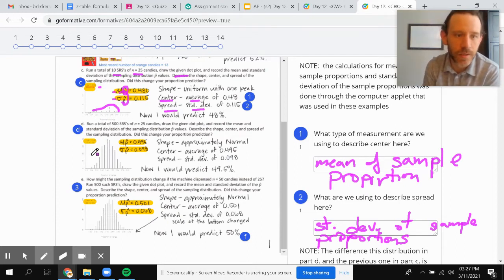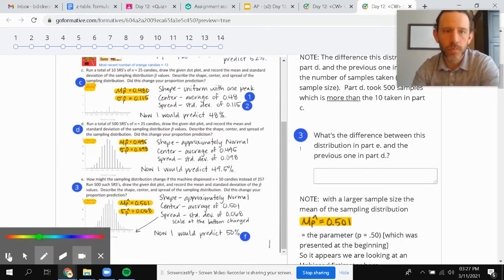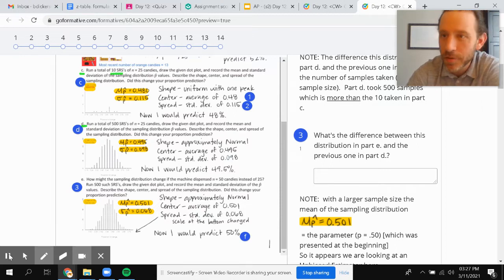So let's go down to D and E and take a look at those here. So I made a note here about the difference between C and D. If we look at C, we took 10 samples. That's 10 SRSs, simple random samples of size 25 candy. So each sample had 25 candy, right? In this case, we have 500 samples. We have 25. So there's an increase, right?